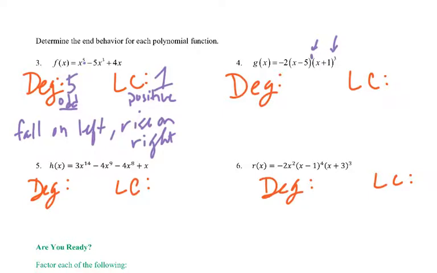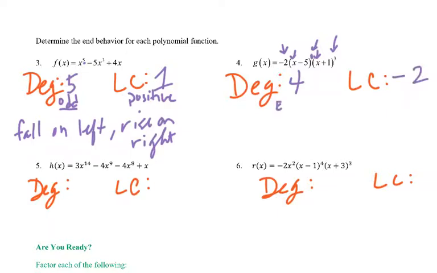If I add those together, the degree for this polynomial will be a 4. And if you don't believe me, you can check by multiplying x minus 5 times x plus 1 times x plus 1 times x plus 1. When you multiply that all the way out, you're going to get the degree is 4. Our leading coefficient would just be this value times the coefficient on this one times the coefficient on this one. So -2 times 1 is -2.